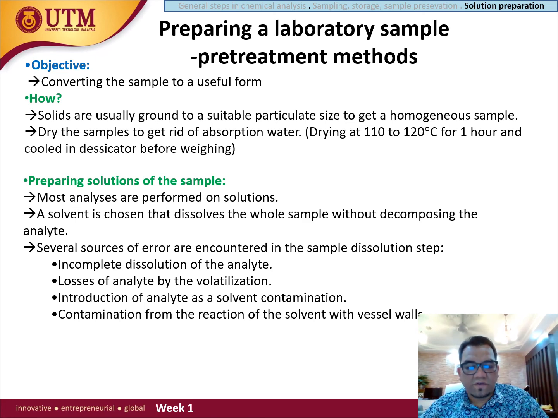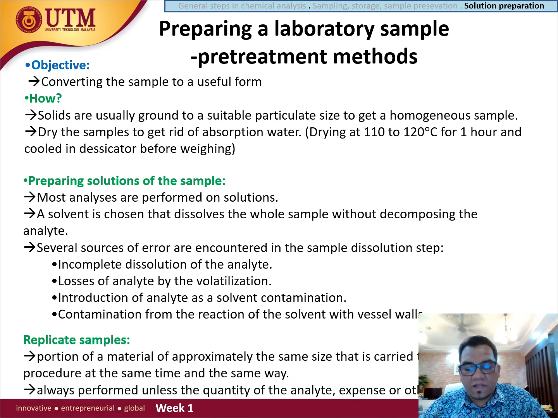Several sources of error are encountered in the sample dissolution step. The first is incomplete dissolution of the analyte, then losses of the analyte by volatilization, introduction of the analyte as solvent contamination, and contamination from the reaction of the solvent with the vessel wall and so on. To reduce the error, we need to replicate the sample, so we do more than one.